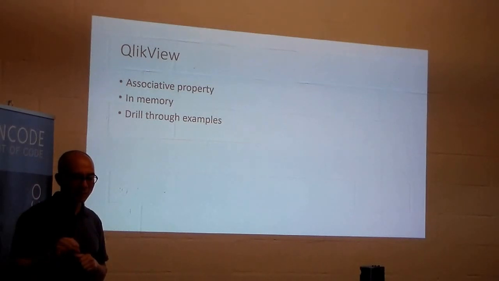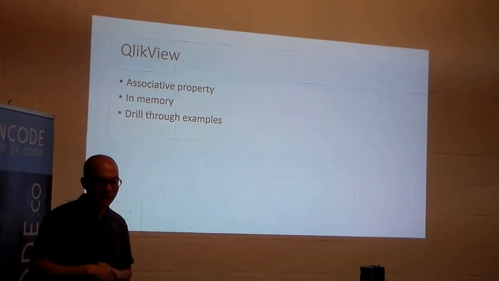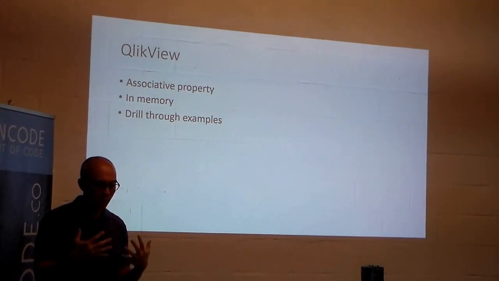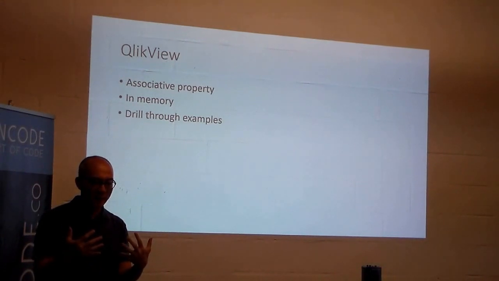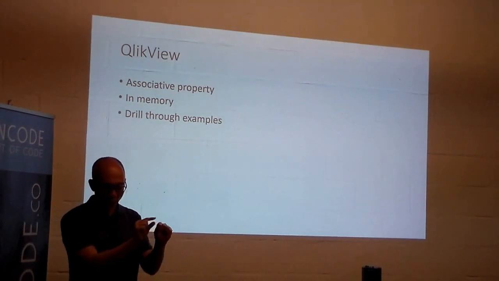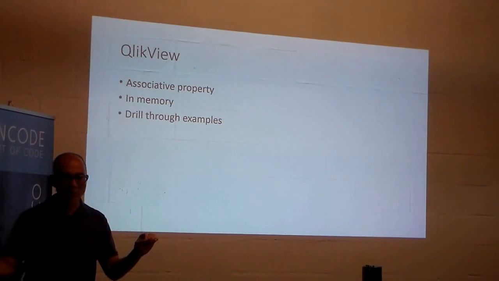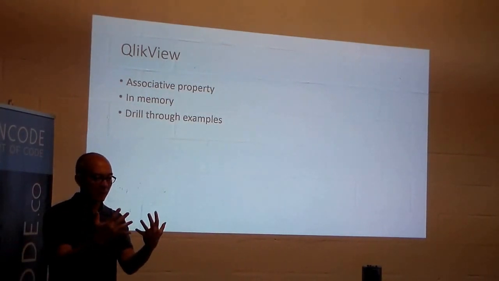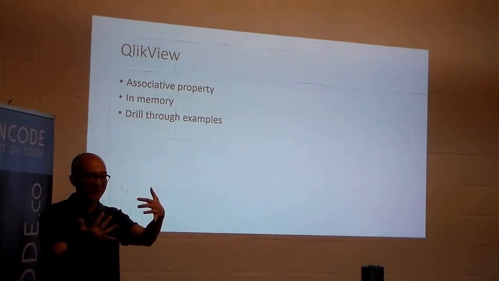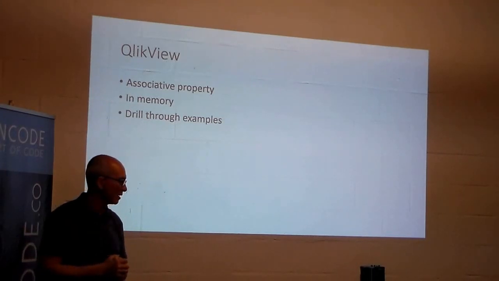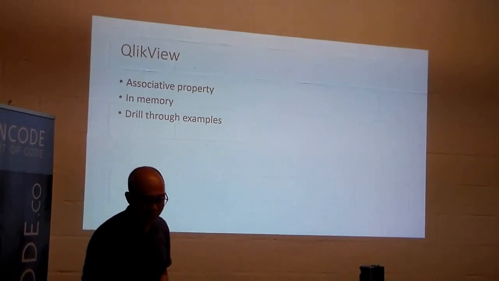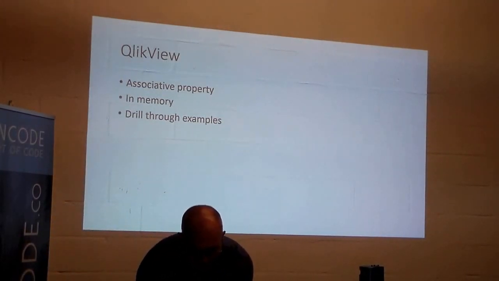And the other is the associative property, and I'll give you an example of how that works. Associative property, it's not the old relational way that you think about the database. At all points you can ask the question any which way you want to ask it, and it will get you the right answer. Let me walk you through some examples so you can see how that associative property works.